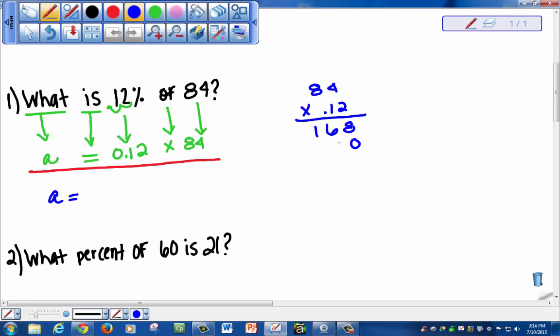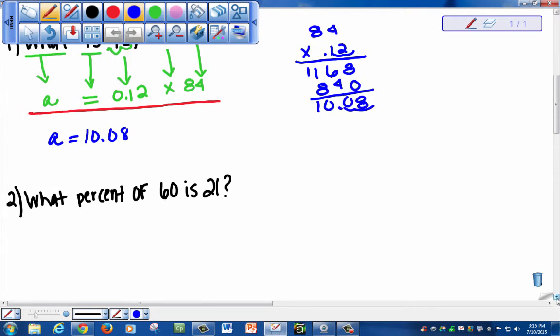We leave a space. 1 times 4 is 4, and 1 times 8 is 8. 6 plus 4 is 10. We carry the 1. So we have 10.08. We have 2 decimals, therefore we have to put 2 decimals as well. So A equals 10.08. So 12% of 84 is 10.08.